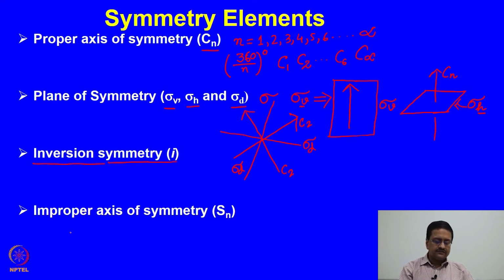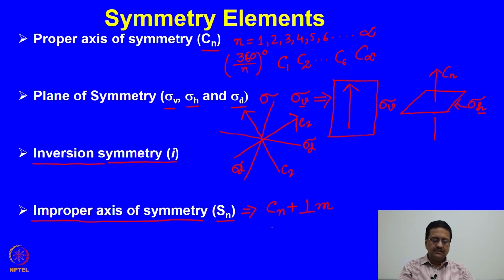The last point of symmetry that one should understand is the improper axis of symmetry, which is written as Sn. What is Sn? Sn is not a single symmetry element. It means it is actually Cn plus a perpendicular mirror plane.